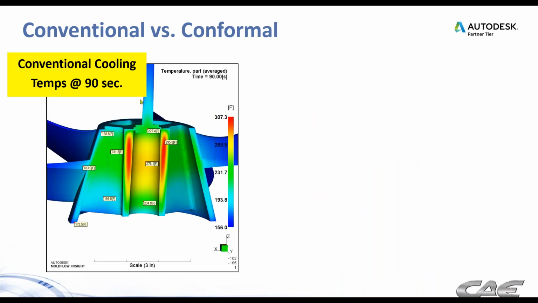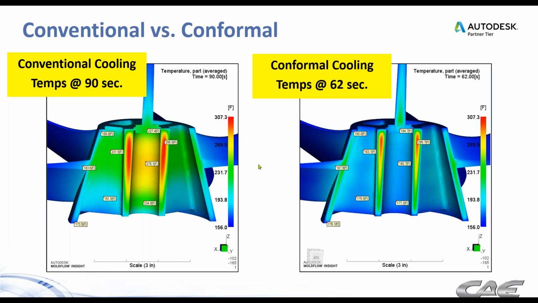If we compare results, we look at the conventional cooling, and after 90 seconds into the cycle, we're looking at the temperatures. We have some very hot areas here in these deeper recesses that are thicker. And if we try to match this temperature profile, a couple things happen. Notice the difference in the time. We knocked 28 seconds off that cooling time. And we also achieved more uniform cooling.